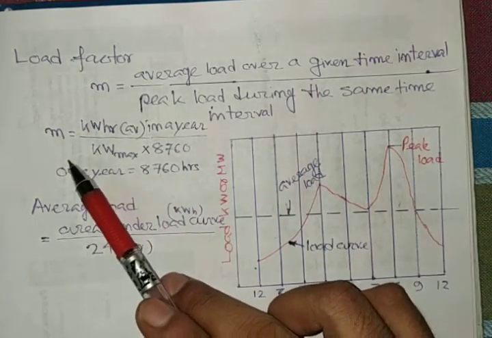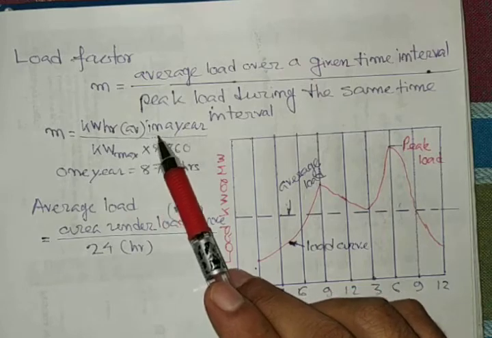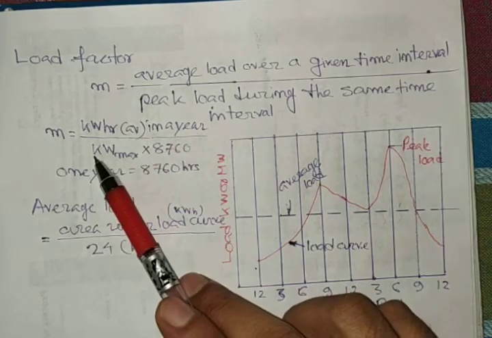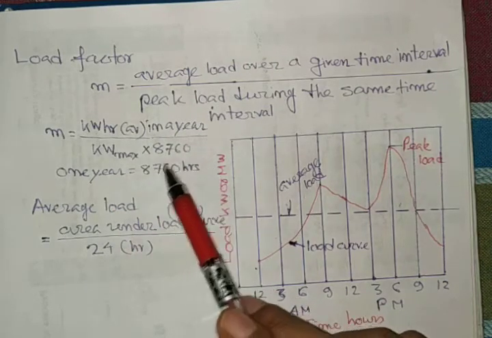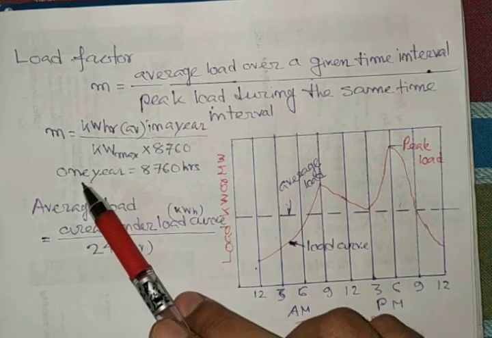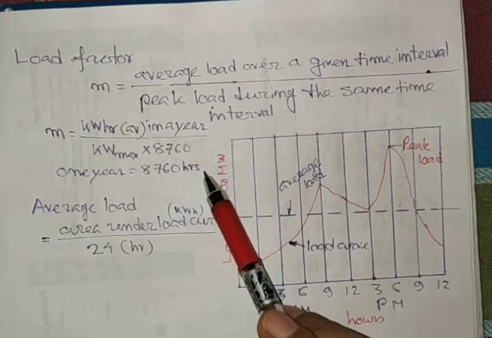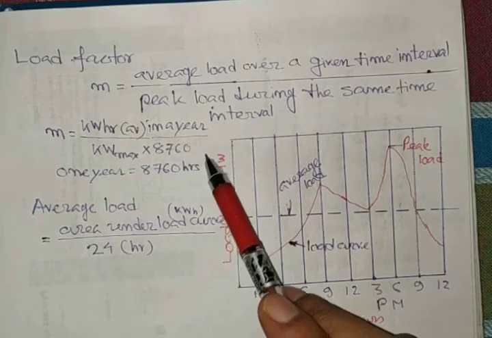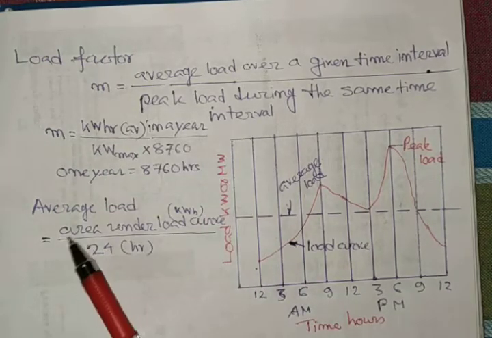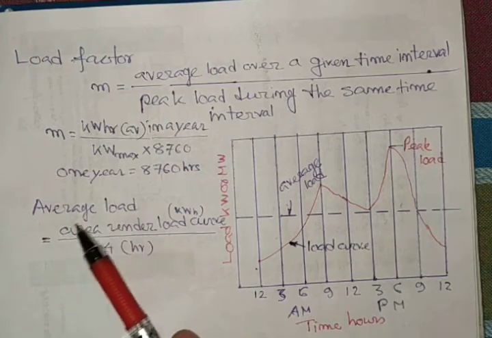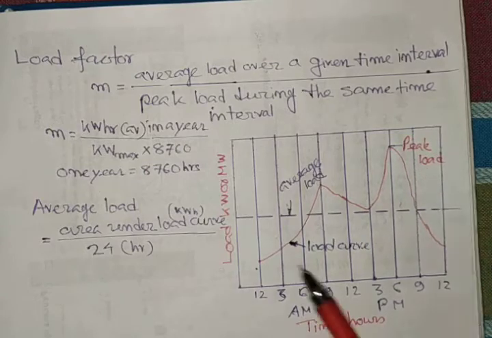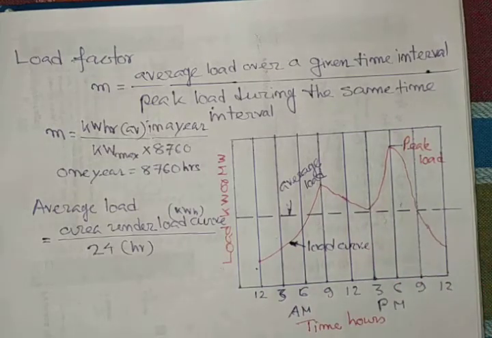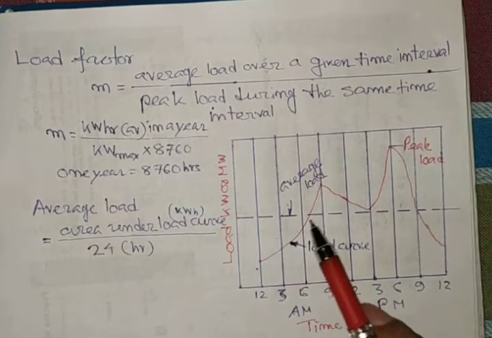So M is basically the kilowatt-hours average in a year divided by the kilowatt maximum multiplied by 8760. 8760 is in terms of hours, so 1 year is equal to 24 times 365 hours. The average load can be given by the area under this curve. This is a typical curve of a particular load, and this dotted line denotes the average load.